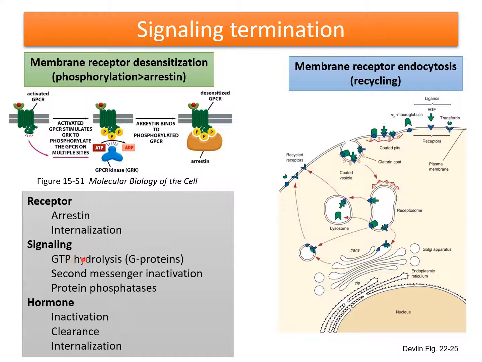Then we have GTP hydrolysis, which is what we talked about with the G proteins. The G alpha subunits have some GTPase activity, so they're sort of self-regulating. Then there's second messenger inactivation and protein phosphatases. But really, the biggest things for him are going to be GTP hydrolysis and arrestin, I believe.